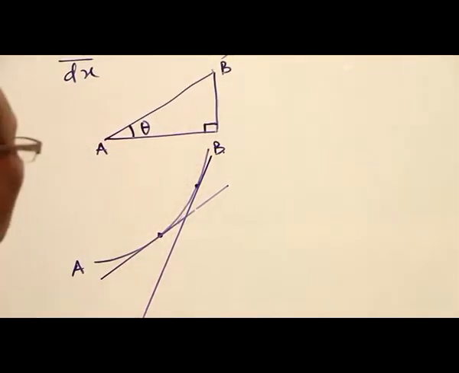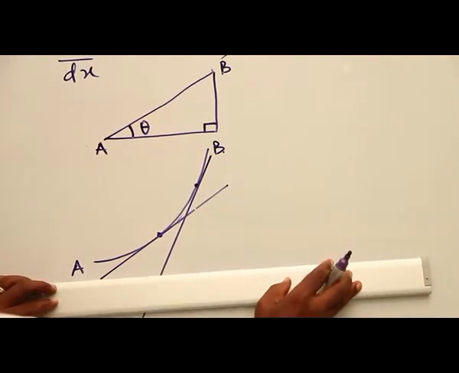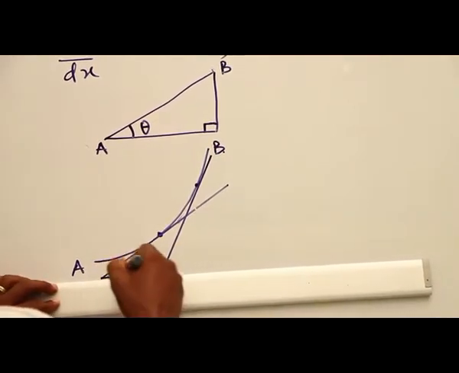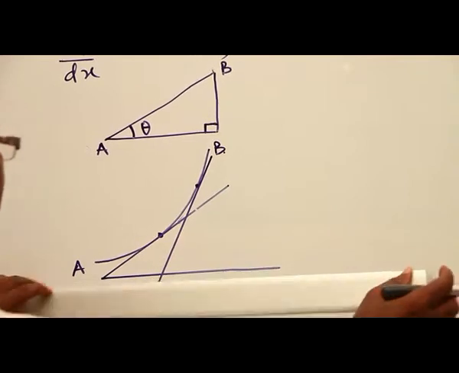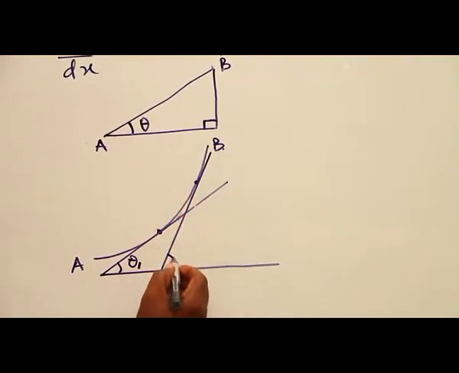Alright, you will realize that if we are to find the angles with the horizontal, assuming you have this case, this angle here is theta 1, whereas this angle here is theta 2.